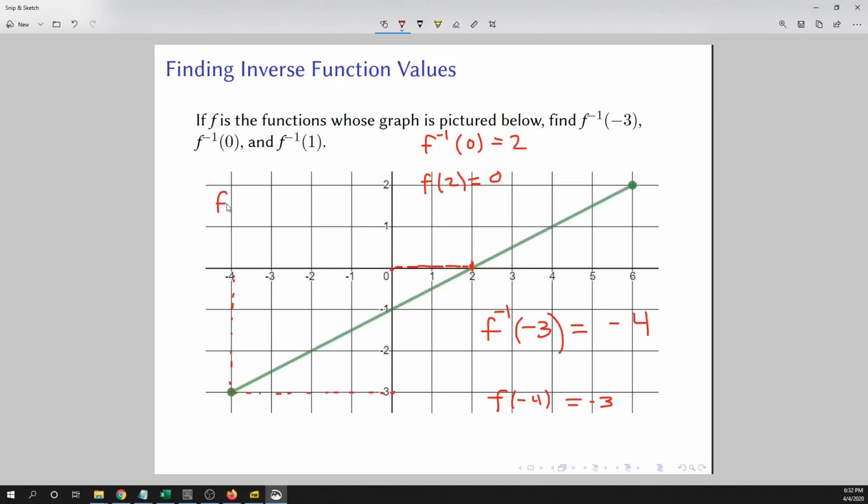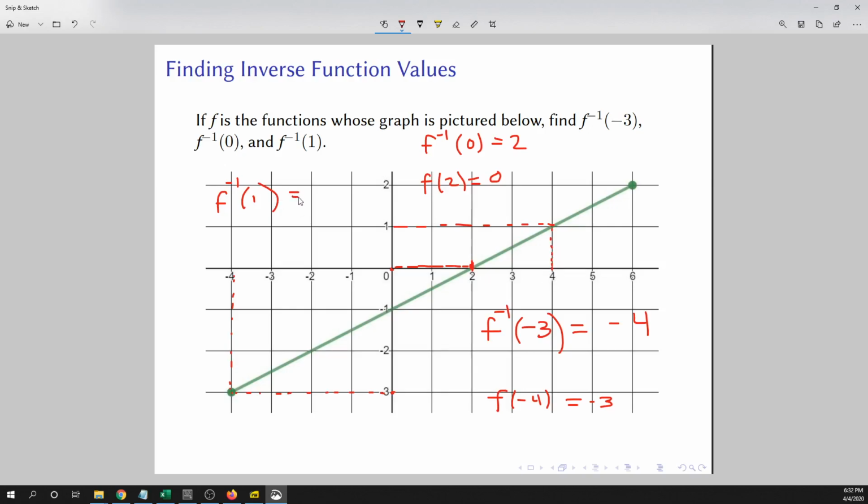All right, last example is f inverse of 1. So we would find 1 on the y-axis. Here it is. We would go left or right until we hit the graph, which is right here. And then we would go up or down, in this case down, until we hit the x-axis, and then we would look where we are.